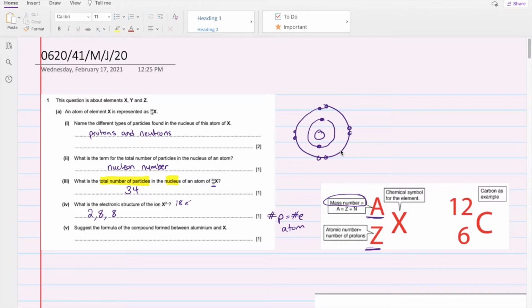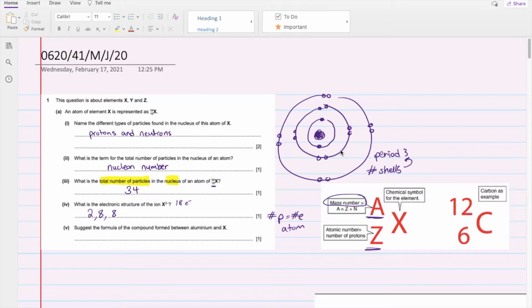So then the following shell will have the other 8. And now, here's something for you as well. There are 3 shells, hence this element is going to be in period 3. So the number of shells usually tells you which period the element is in.